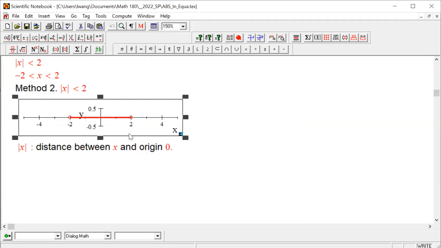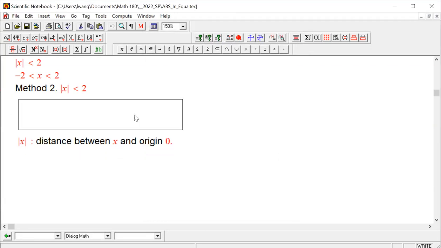So this is the show of the solutions. It shows that the distance between any number covered by the red solid line to origin is less than 2.